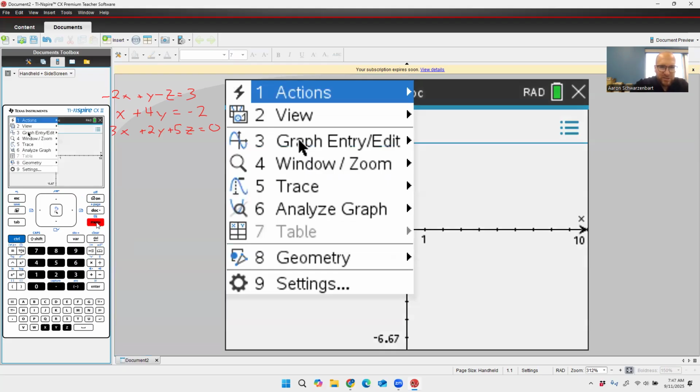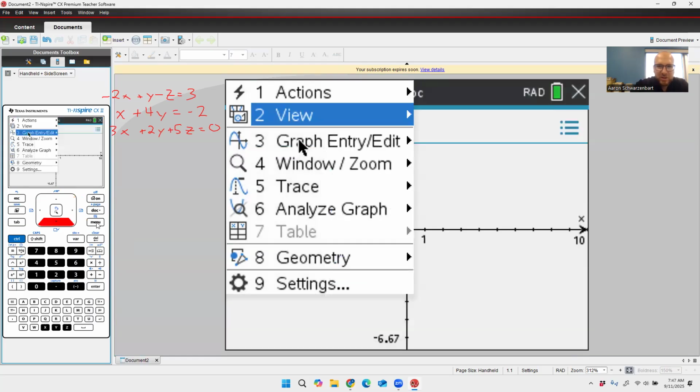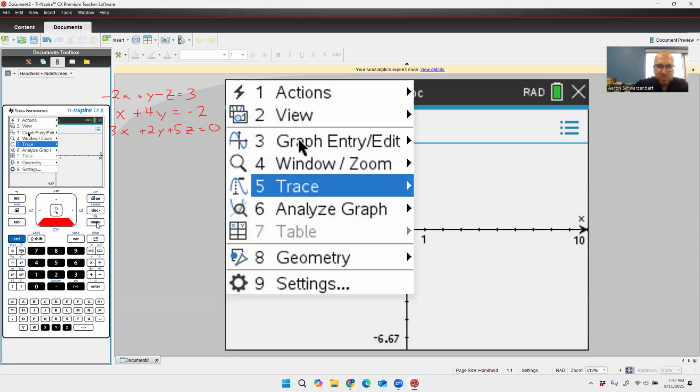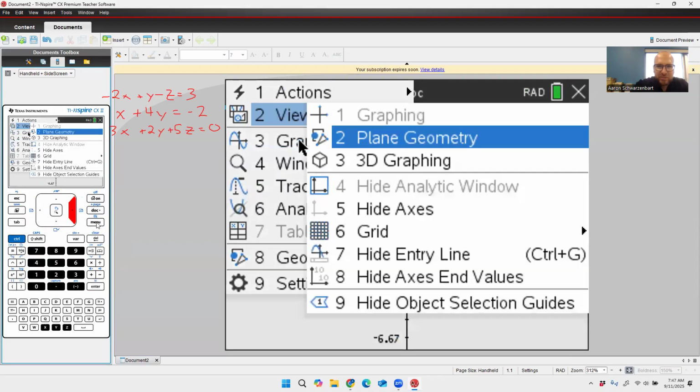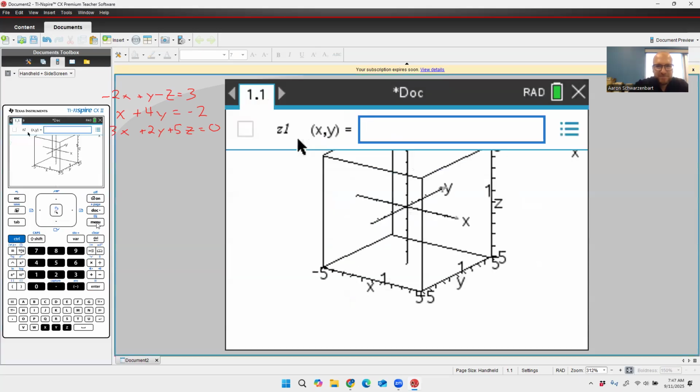I'm going to go Menu, Actions, I think. Nope, Menu. View. Menu View, 3D graphing. Yeah, I'm recording right now.